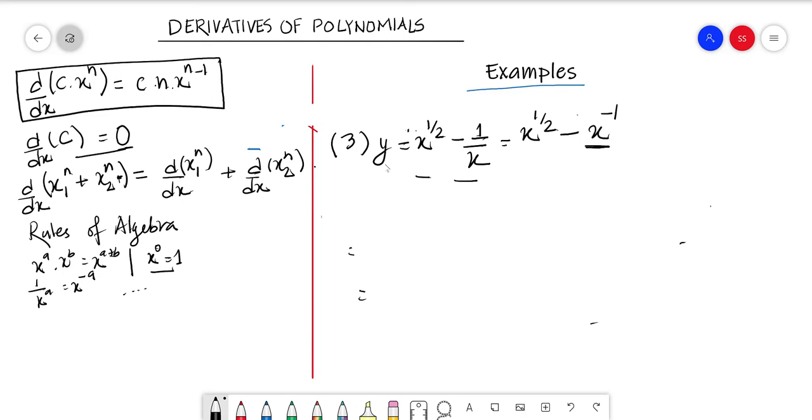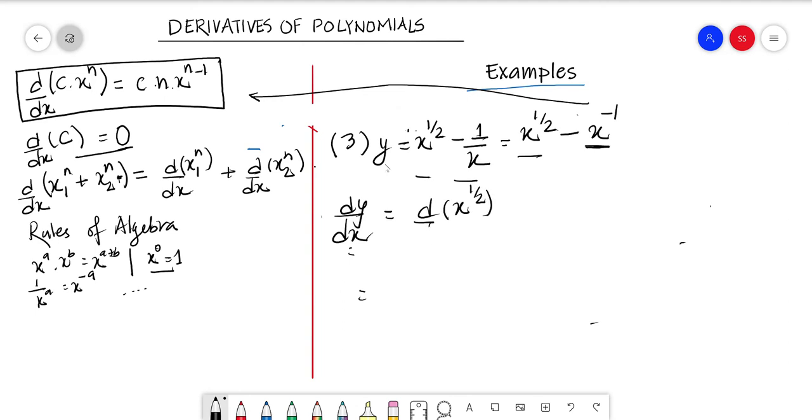So you basically turn that term into this basic formula here. So you can easily perform dy by dx, which would be the derivative of your first term in terms of x minus the derivative of your second term in terms of x, right?